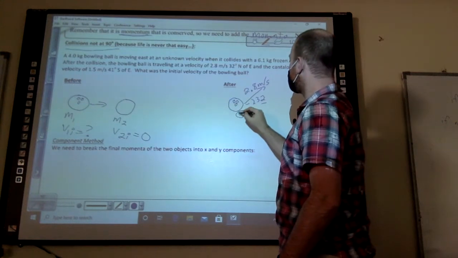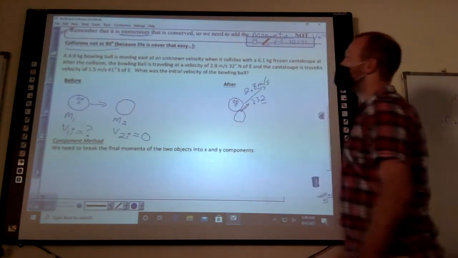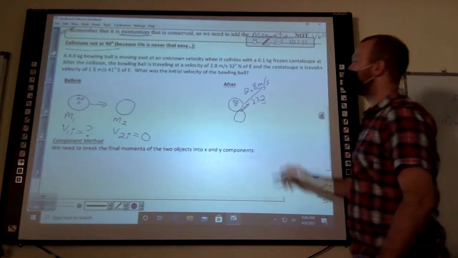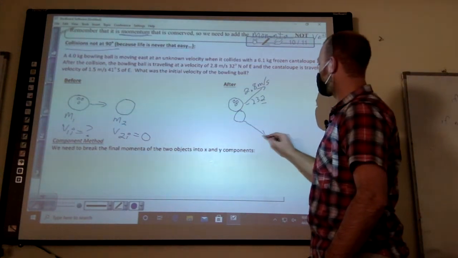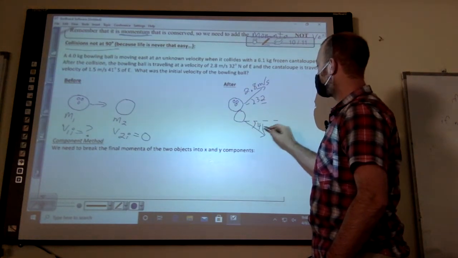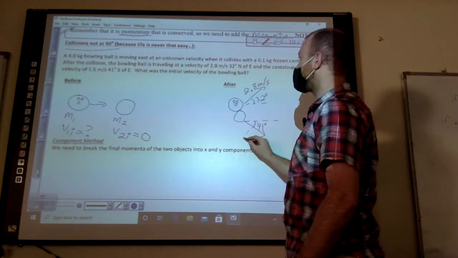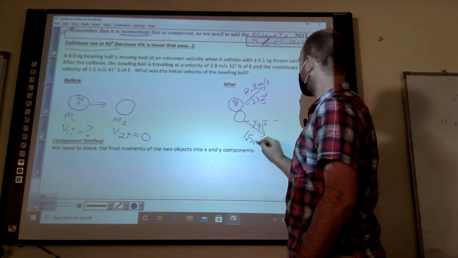And the cantaloupe shrunk. There we go. This one is going 41 degrees south of east. So here's 41. And it's 1.5 meters per second.